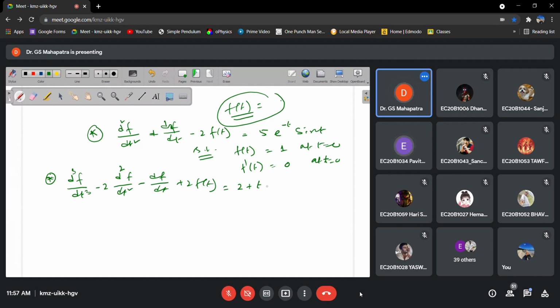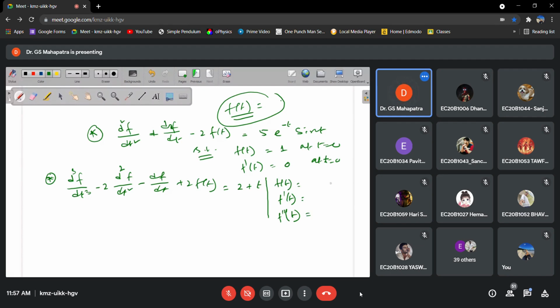3, sir. Yes, 3 conditions are needed. The 3 conditions are like that: f of t, then f dash t, and then f double dash t, not triple dash.